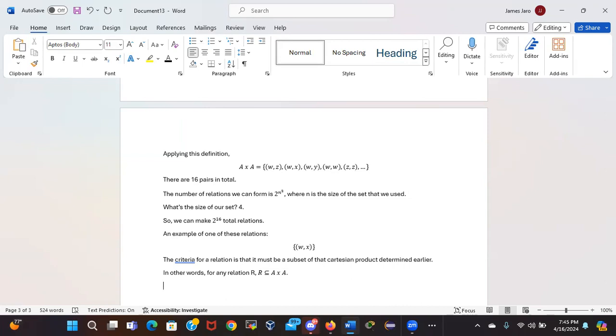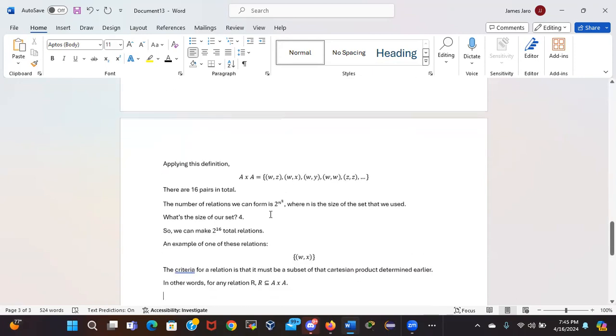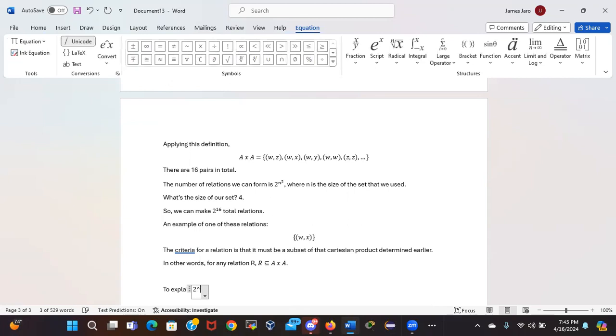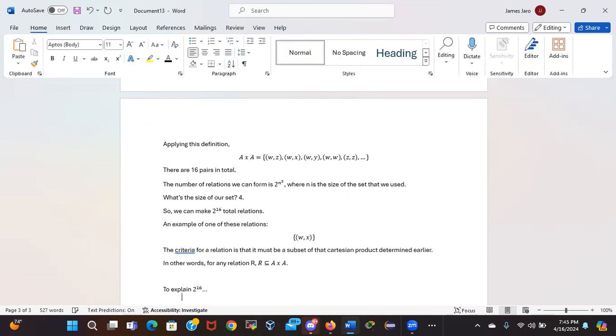How do you get the 2 to the n squared for the total number of relations? Well, let's think about it for a second. Let's explain that 2 to the 16th. Let's imagine we don't have that formula.